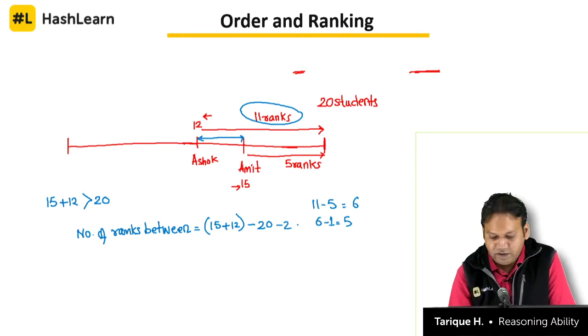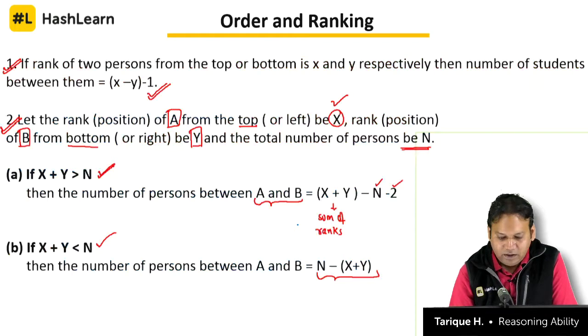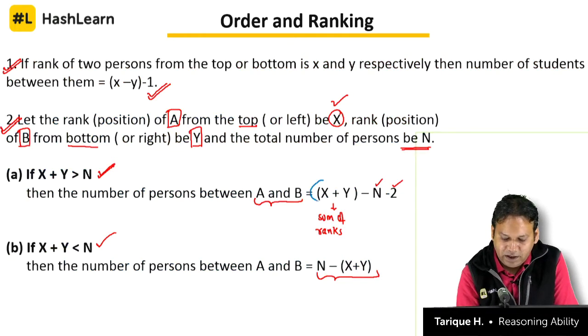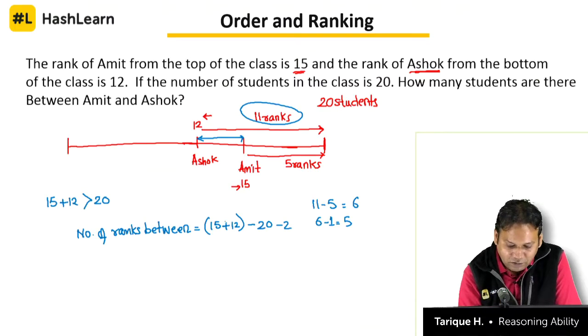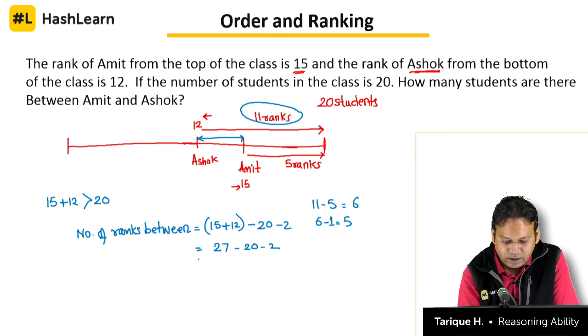You can see this formula here very clearly, x plus y minus n minus 2. So, I am using this formula directly. 15 plus 12 minus 20 minus 2, 27 minus 20 minus 2, 7 minus 2, that is equal to 5.